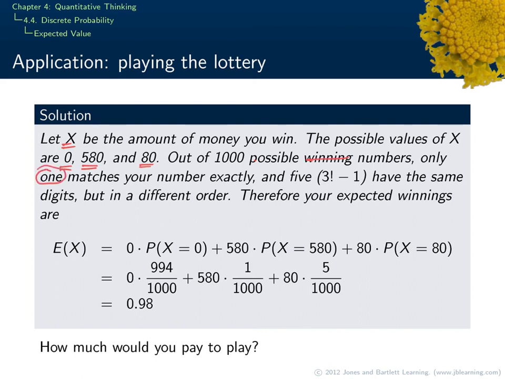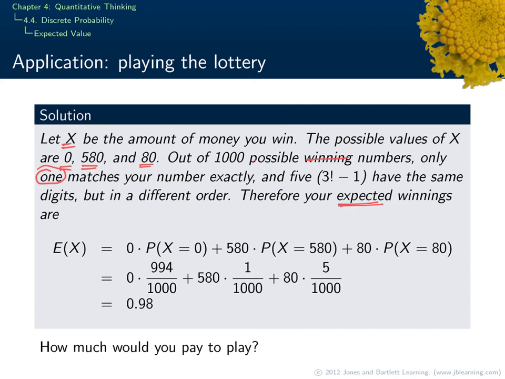And there are 5 others that have the same digits as yours, but are in some different order. So your expected winnings are as follows. So we take 0 times the probability of outcome 0, 580 times the probability that you win 580, and 80 times the probability that you win 80.